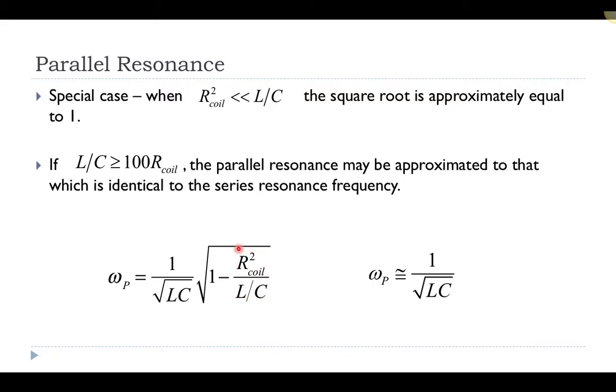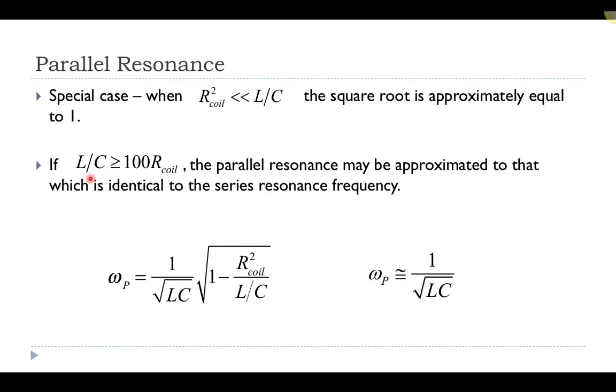If this resistance squared is much, much less than the inductance over the capacitance, then this whole square root is 1, and essentially the parallel resonance frequency is just 1 over the square root of the inductance times the capacitance. That is exactly the same as it was for series resonance. So that's kind of nice if that occurs.